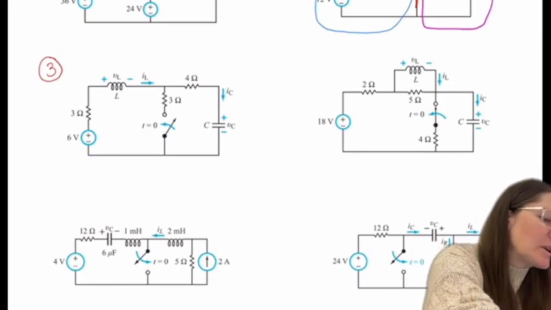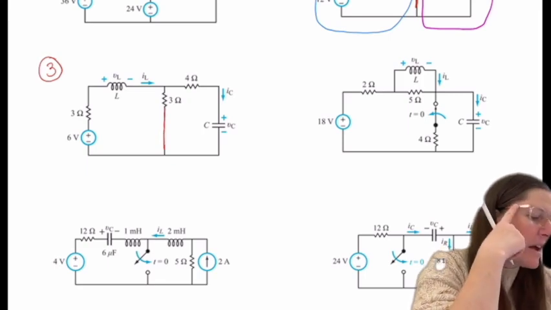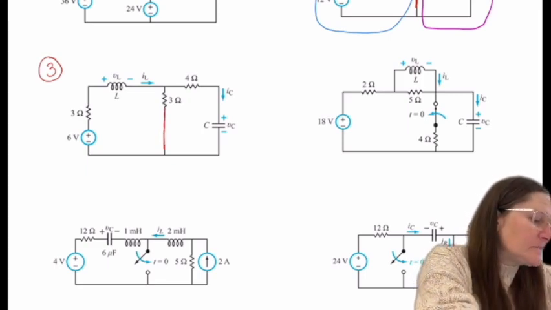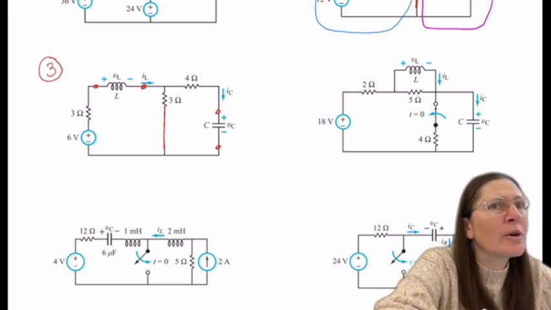Where's the switch going to be? It's neither. Okay, so it's going to be in the middle. And so you have VL here and C over here, and you can see that the nodes on the top and the bottom of those are not the same.